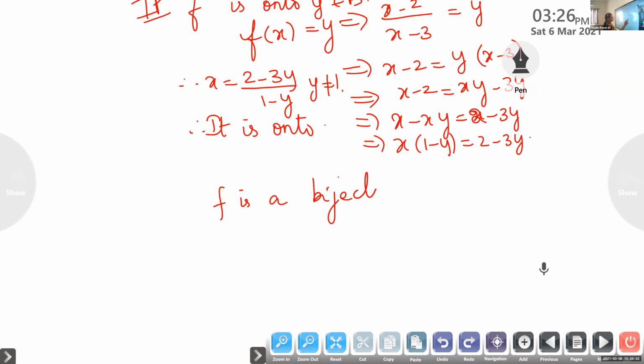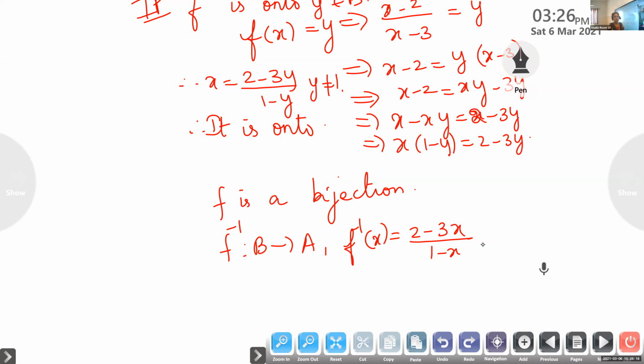Now you define f inverse. So f inverse is a function from B to A defined by f inverse of x is equal to (2 minus 3x) by (1 minus x).